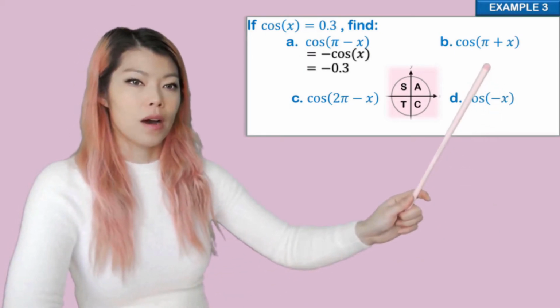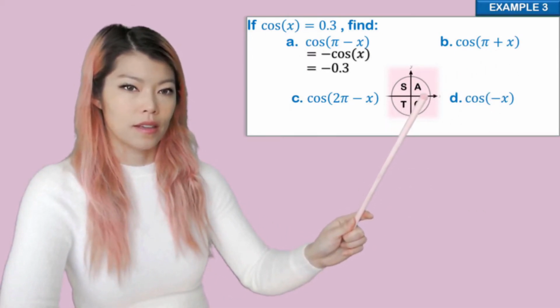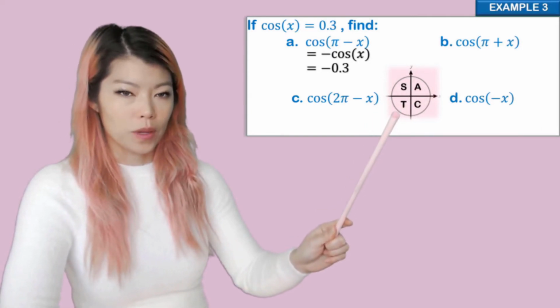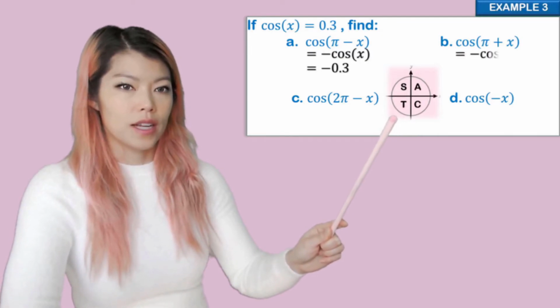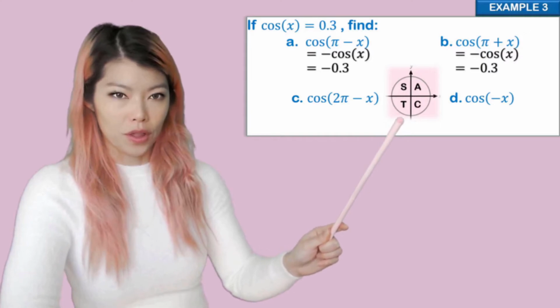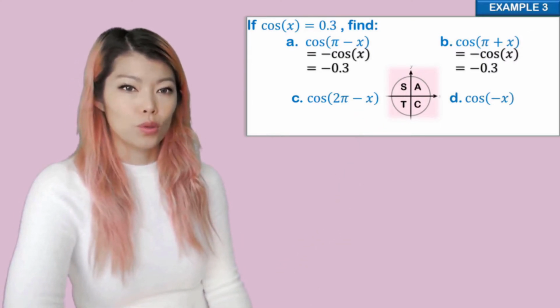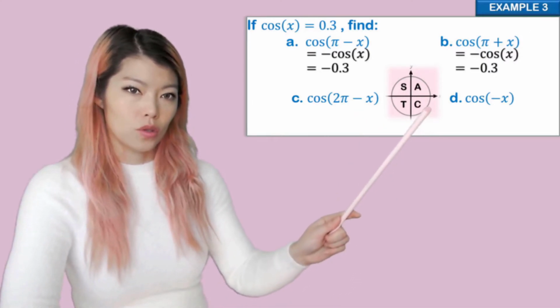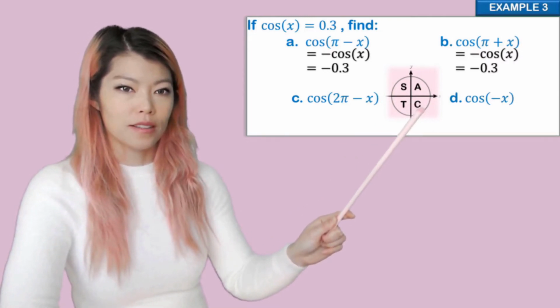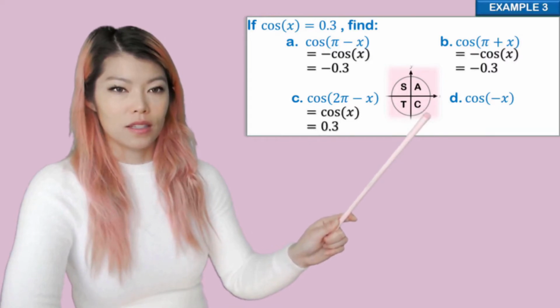What about cos of pi plus x? I was going to say theta, sorry. Pi plus x will be in the third quadrant, so we are negative again, so negative 0.3. What about cos of 2 pi minus x? 2 pi minus x would mean we're here, and C for cos is positive over there, so it is 0.3.